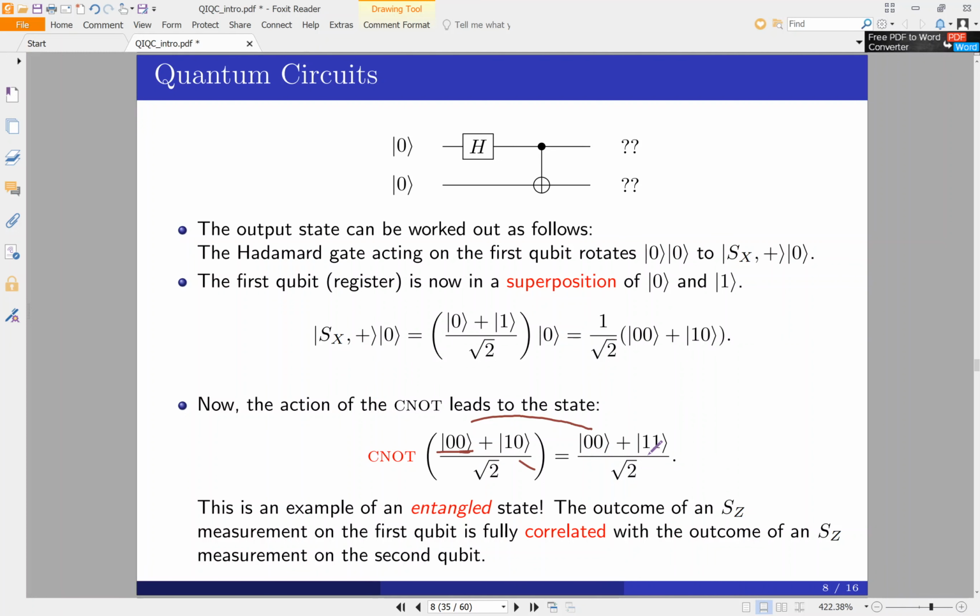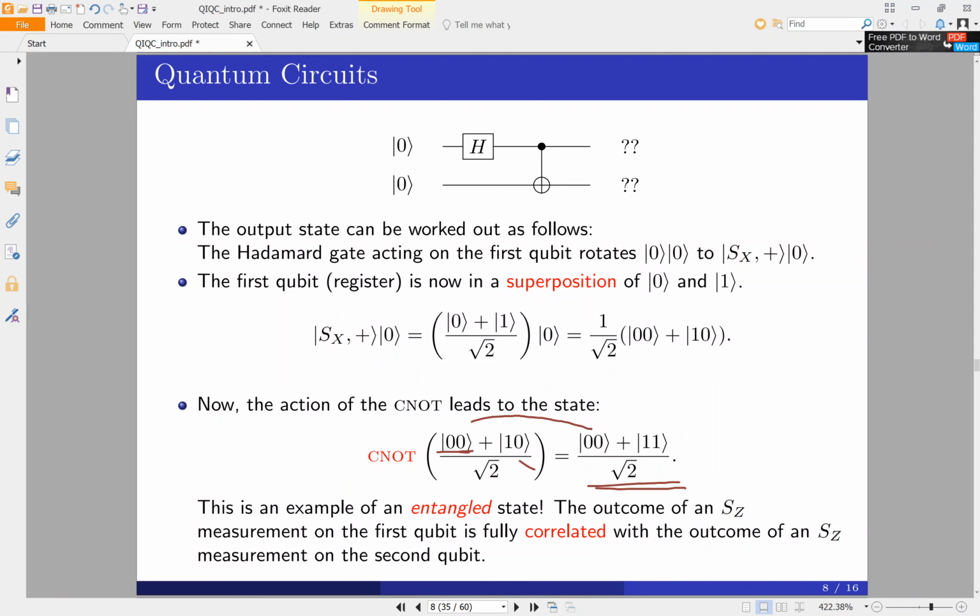If I measure sigma z on the first qubit and I get an outcome 1, then I must get an outcome 1 in the second qubit as well. Which means if the first qubit has a spin plus half, so must the second qubit. If my first qubit has a spin minus half, then so must the second qubit. What this tells me is that the spin outcomes of the sigma z measurement are correlated between the first and the second qubit in the state. So this is an example, a simplest example and a very crucial example of an entangled quantum state.